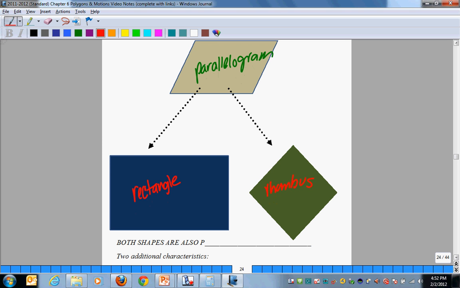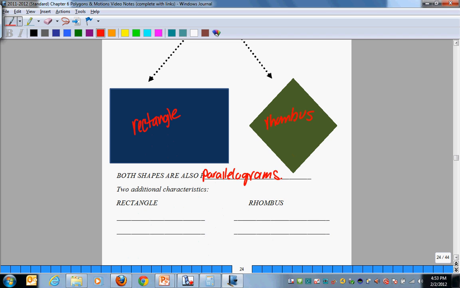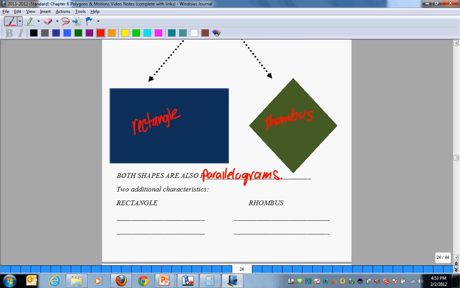If they ask you whether or not a rhombus or a rectangle are also parallelograms, the answer is yes. Both shapes are also parallelograms. But the rectangle and the rhombus have 2 additional characteristics, besides the OCD characteristics of a parallelogram.